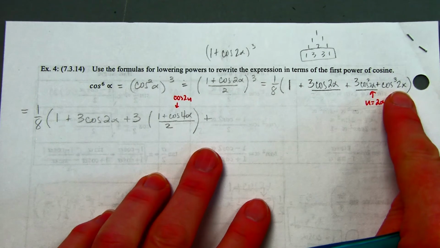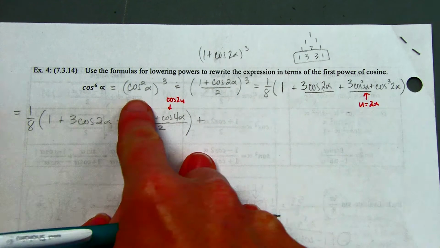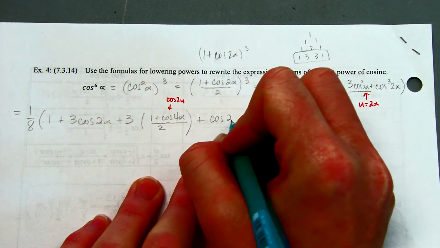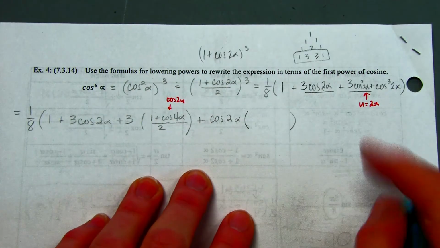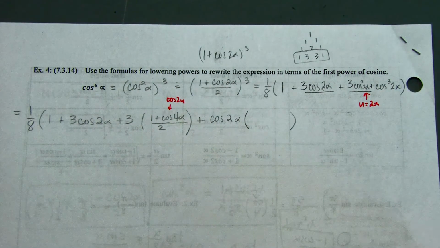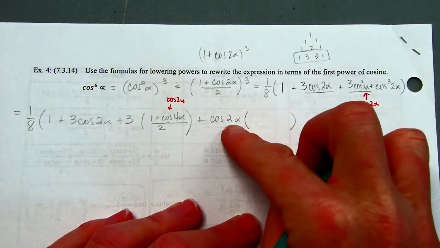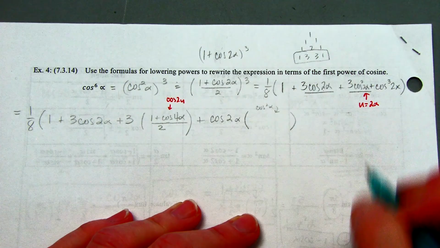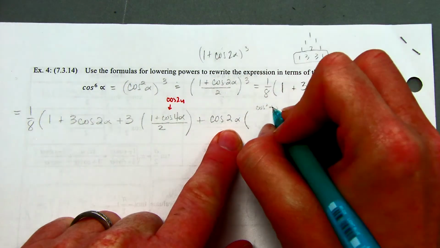I don't have a cubed formula to plug in. I only know about the squared one. So split it up. Cosine 2 alpha times, I can break this apart into a single term, power of 1, and then the squared. So cosine 2 alpha times cosine squared 2 alpha.